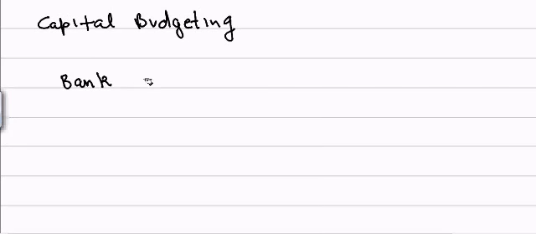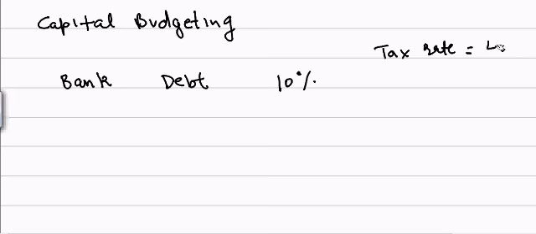The good thing about debt is that when you file income tax, you can file for a deduction on the income taxes in the amount of the interest you have paid. So suppose the bank is charging us a 10% interest rate and the corporate tax is 40%, then we will actually be saving 40% on the interest we have paid.